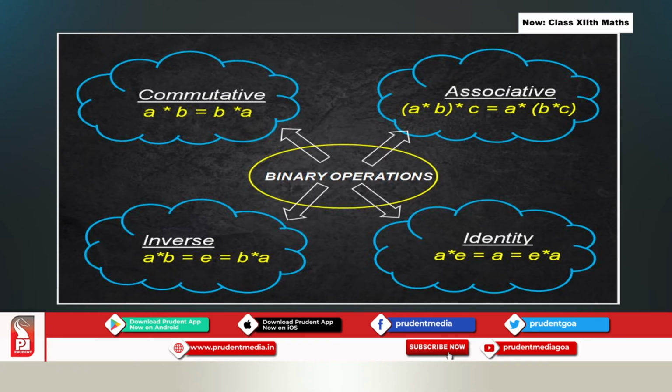Now next I had shown you all identity cards. What did I show you in identity cards? The Aadhaar card, and what else? The passport. So you remember that, and that is the identity of an element: A star E is equal to A, which is the same as E star A. So first we did commutative, then associative.